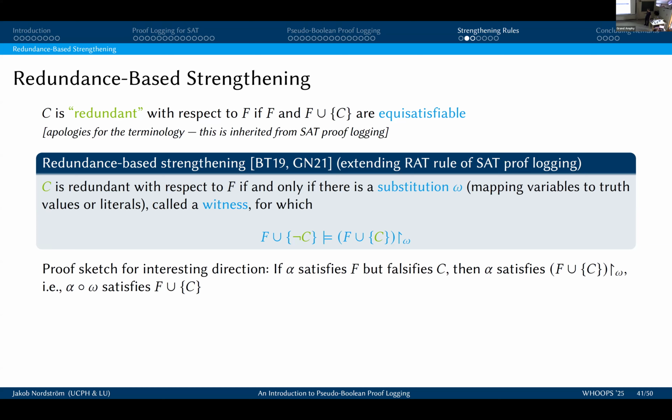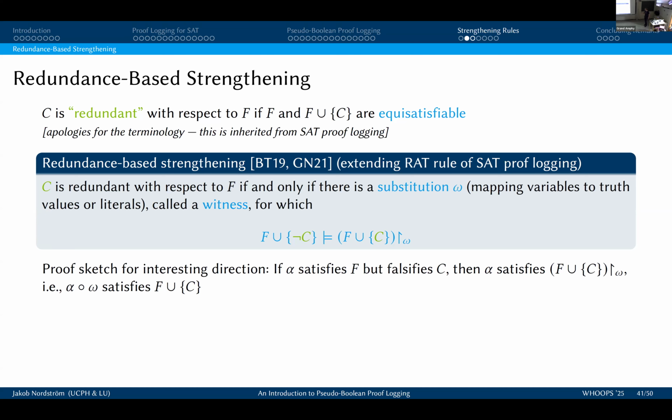It could be that we had a solution alpha that satisfies F but doesn't satisfy C. Well, if so, alpha satisfies F and not C. Then this implication tells us that alpha will satisfy the right-hand side, F union C under omega. Now we just have to unpack what this means: first apply omega, then apply alpha. So it means nothing other than that the composition of alpha and omega satisfies F union C.